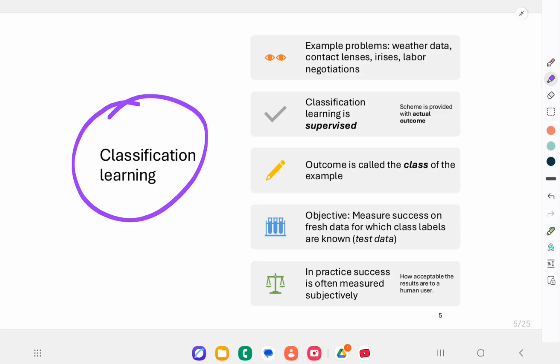You can also think of the medical domain, when we are trying to decide whether a person has a cancerous tumor or not, based on an MRI scan, for example. The reason we call this supervised learning is that the learning process is guided by actual outcomes. The class labels are provided during training.